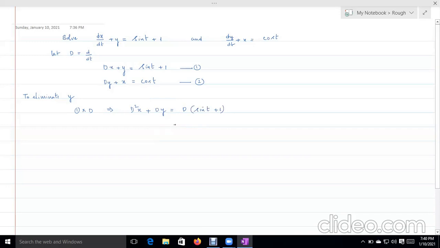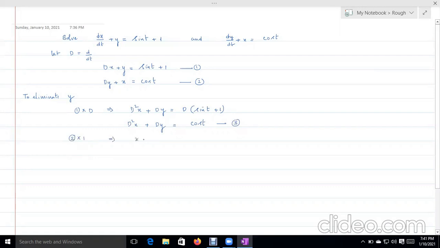That is, on simplification, it is cos t. That is D square x plus Dy equal to cos t. This we call as 3, and keep the second equation as it is.